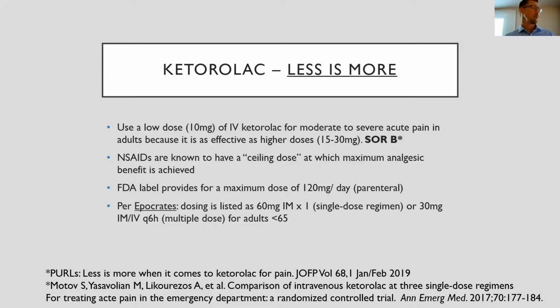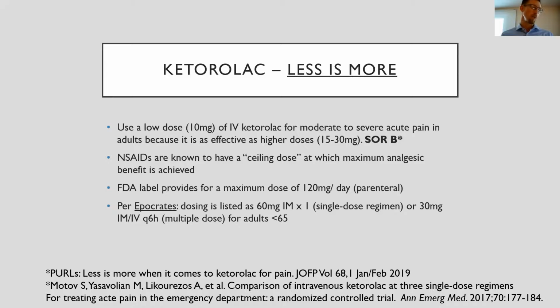But the study here was published in the Journal of Family Practice. If you don't read the Journal of Family Practice, you should try to look at the pearls section at the very least, because those are really good. This was published in the January-February 2019 issue. Based on this study of 240 adult patients presenting to the emergency department, they received either 10, 15, or 30 mg of ketorolac, all IV.